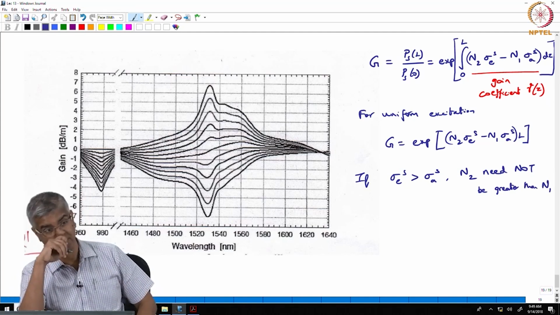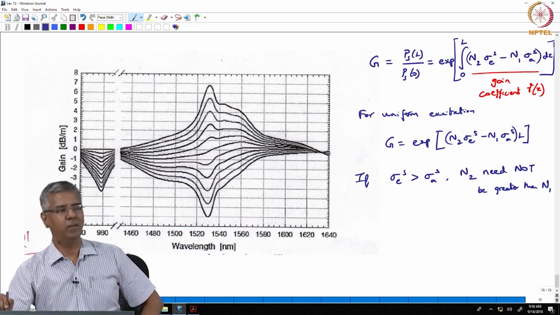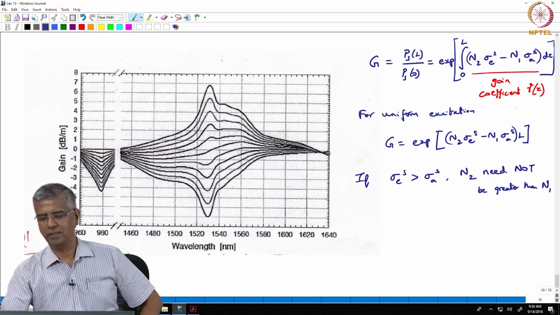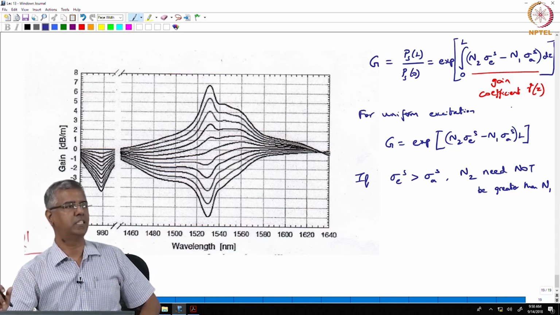Does that make sense? To get gain, what you need is that the gain coefficient be positive. That entire value needs to be positive, right.